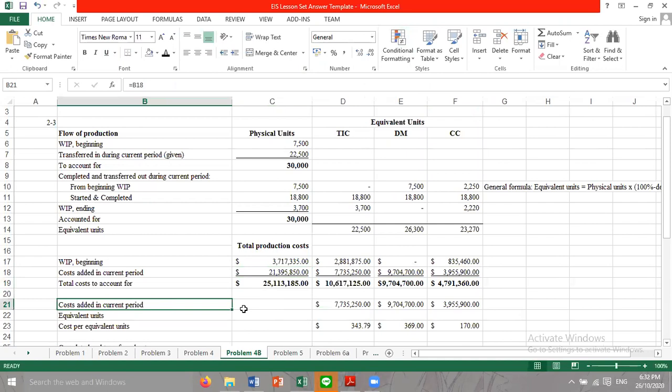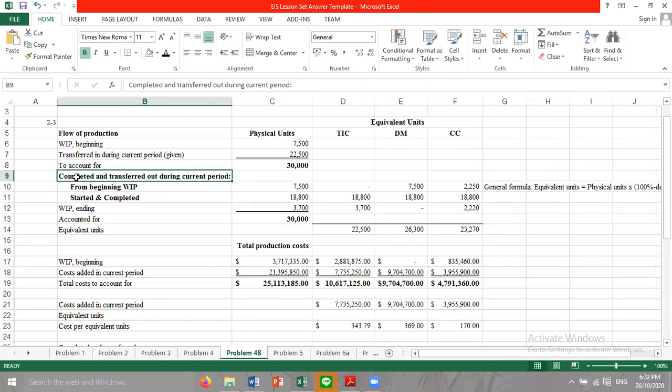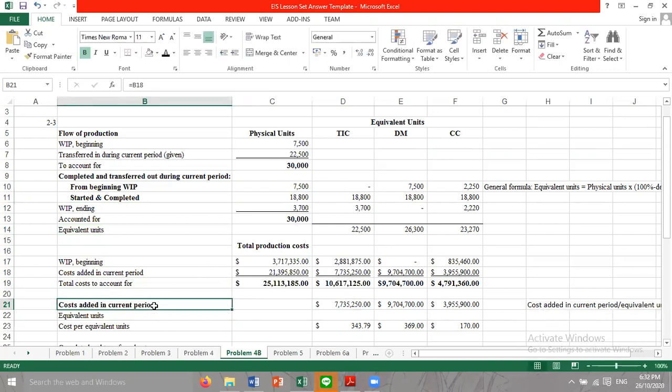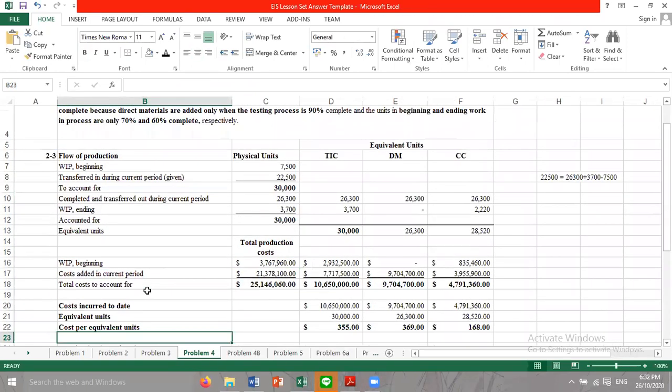Now, another distinct feature of FIFO, aside from separating these two, which are both classified differently, is that we calculate the cost per equivalent unit using the formula cost added in current period divided by equivalent units. So here you can see the difference is we use cost added in current period compared to weighted average where we use cost incurred to date.